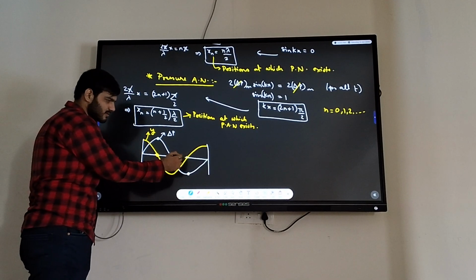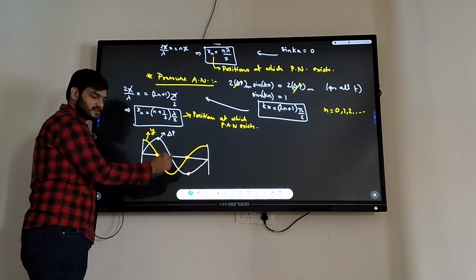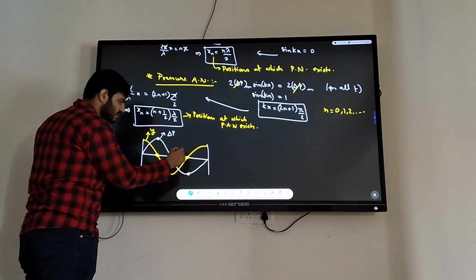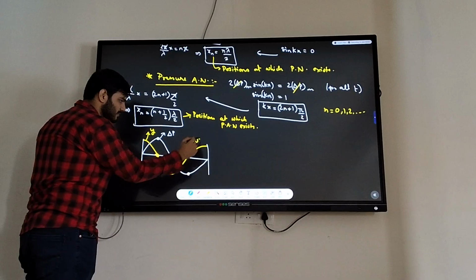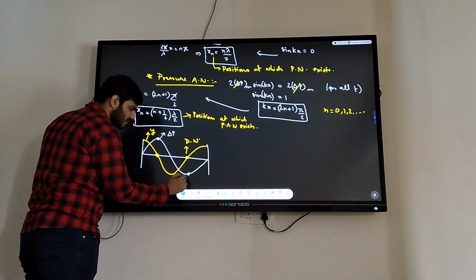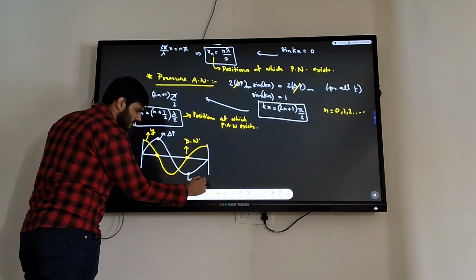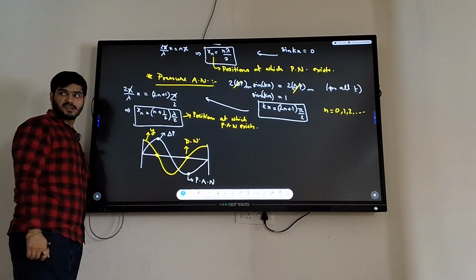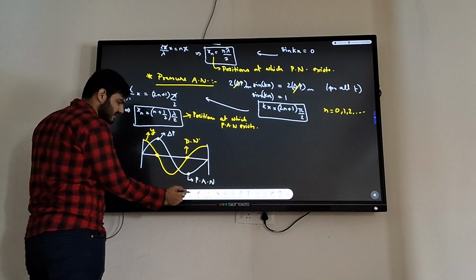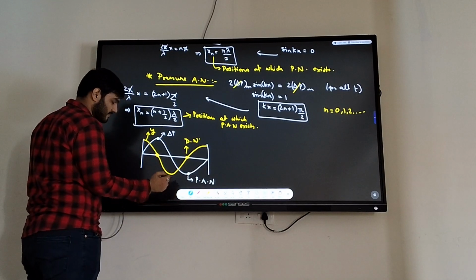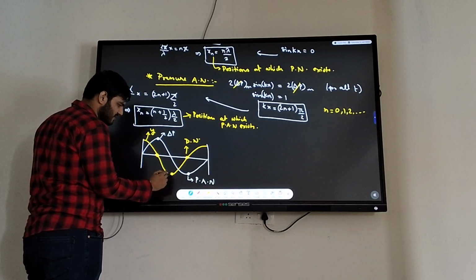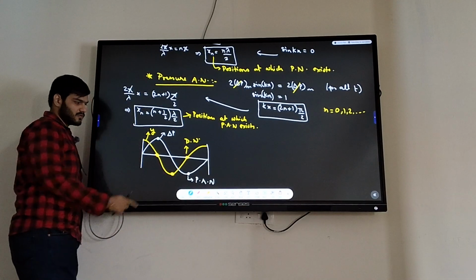What about here? Again, this is displacement node, this is pressure antinode. Yes or no? Now look at the other thing. Let's talk about here. What is this?